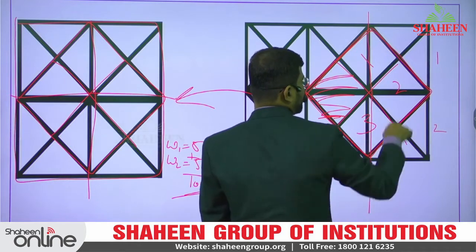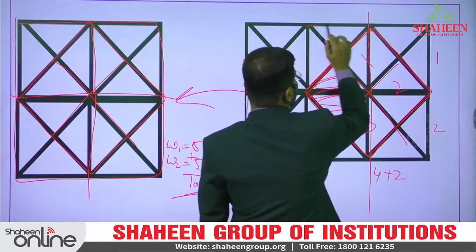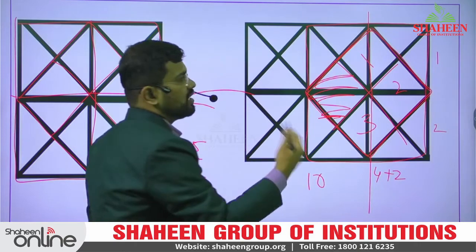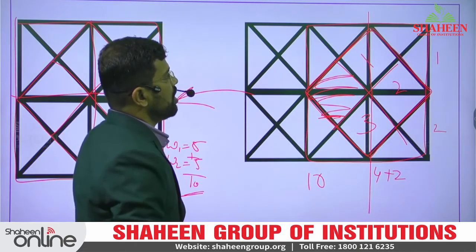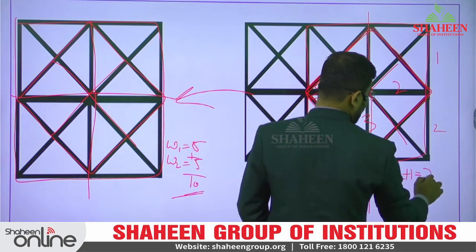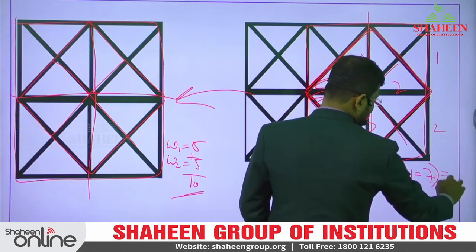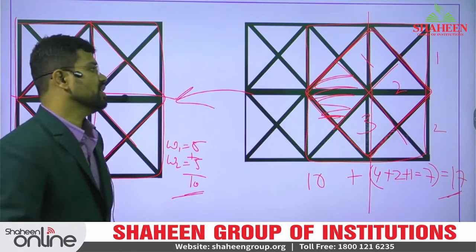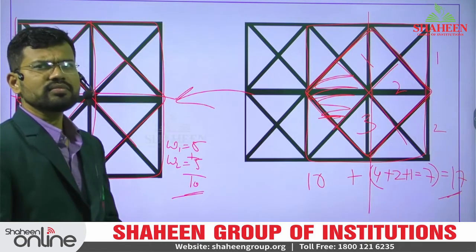This 4 plus 2, how many? 6. Now look at this one. Half of this and the other half which have been added together give one outer square. So 4 plus 2, 6, 6 plus 1, 7. Total 7. Now 10 plus 7, it is 17. So there are 17 squares in the given figure.